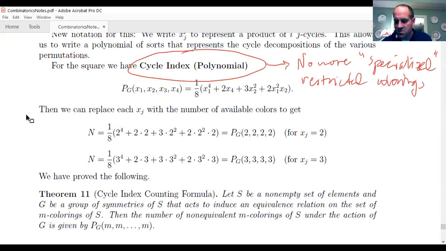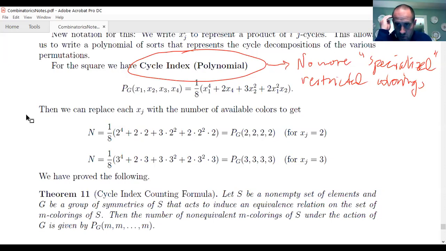Burnside's theorem does allow for such a thing, but here we were assuming that we could put any color at any vertex, and what we did is we sort of counted, well, if I'm allowed to do that, how many colorings are actually fixed by this permutation, for instance?